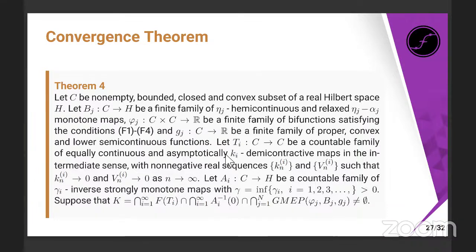You can see we consider a finite family of eta-hemicontinuous and relaxed eta-alpha monotone mappings. We also consider a countable family of equicontinuous asymptotically demi-contractive mappings in the intermediate sense with these null sequences.